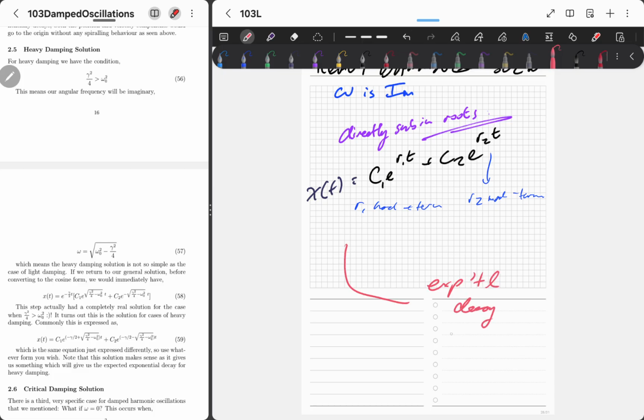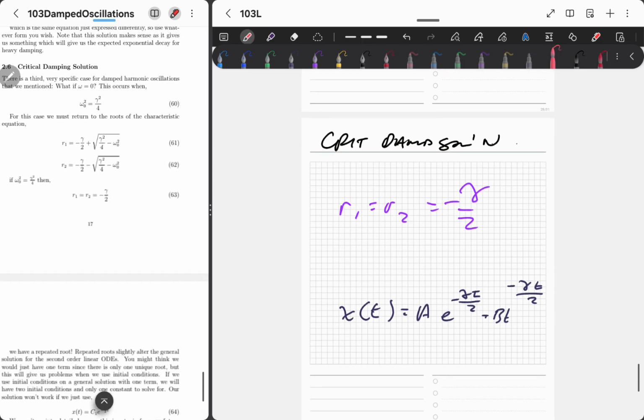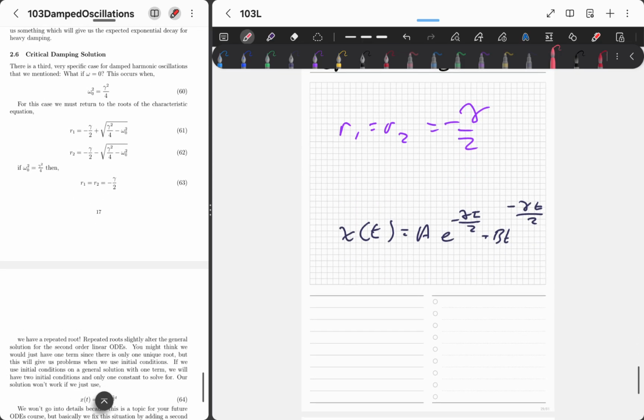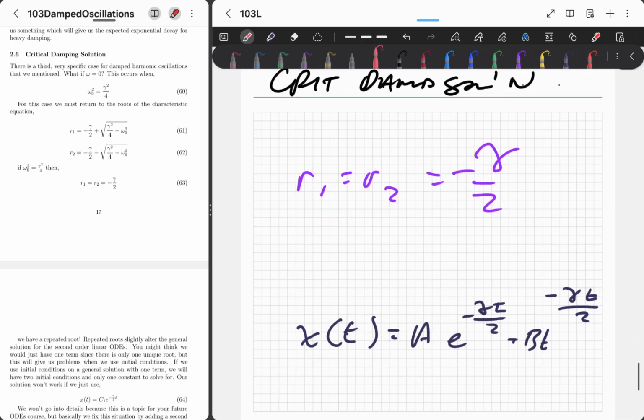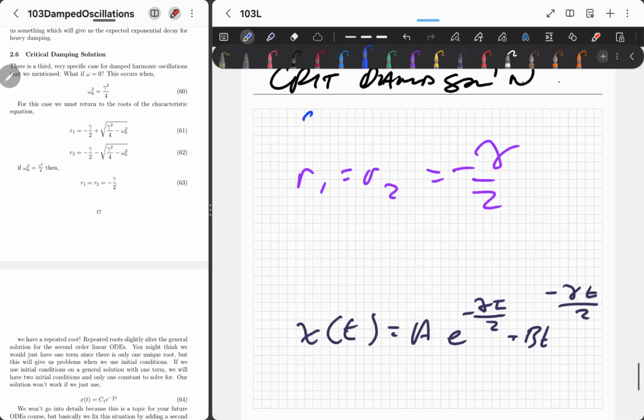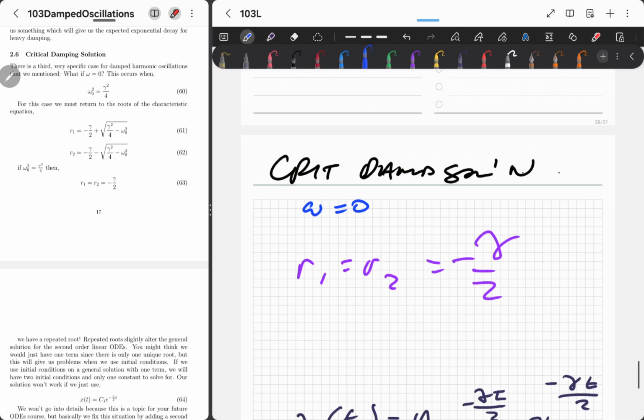Okay, here's critical damping. For critical damping, omega is exactly 0. In other words, all of that square root stuff in our roots of the characteristic equation goes away. We have what is called a repeated root. Okay?